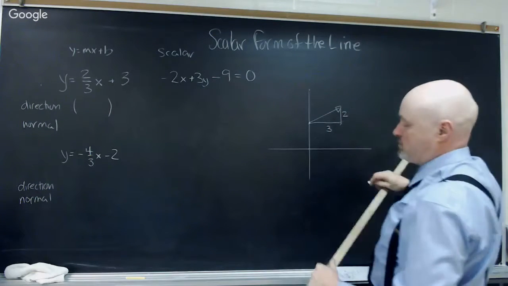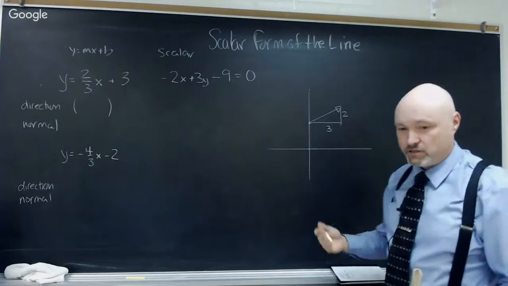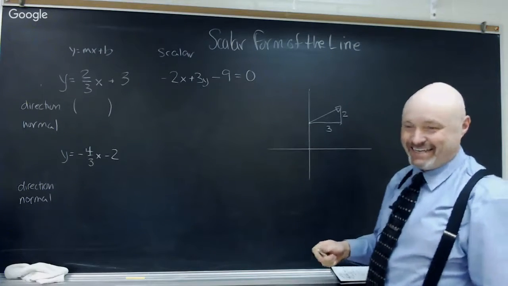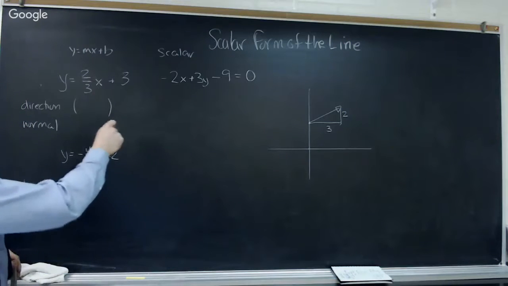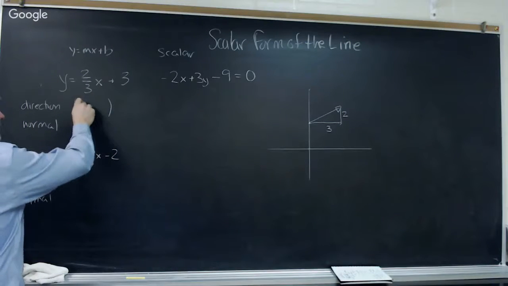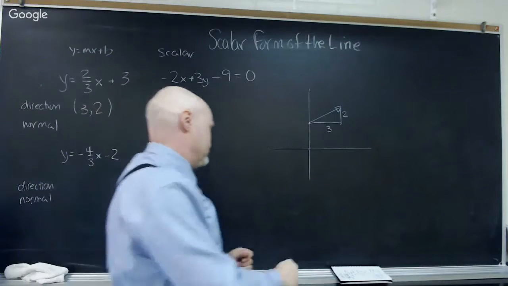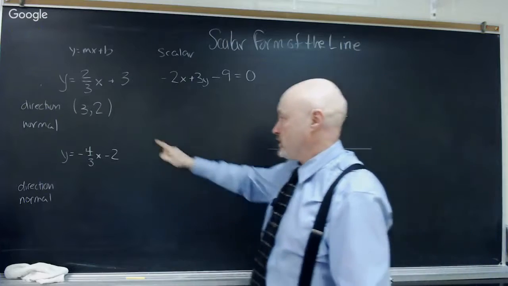Oh, I shouldn't maybe do that. Okay, so Lindsay's practically bursting here. She wants to say what the direction vector is. And so the direction vector for this one is, did I get it right? Because I got it backwards before. So the direction vector is 3, 2.